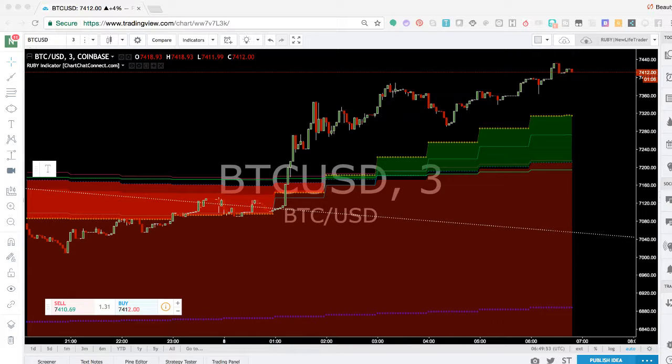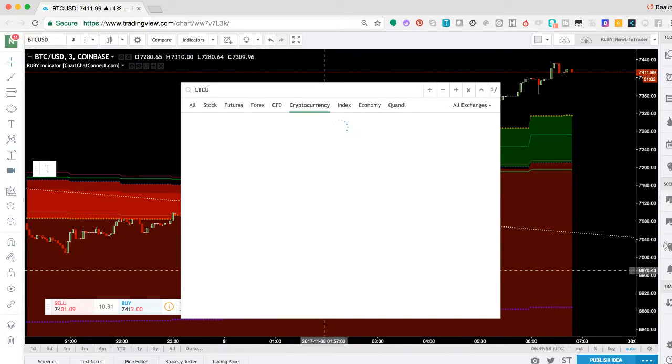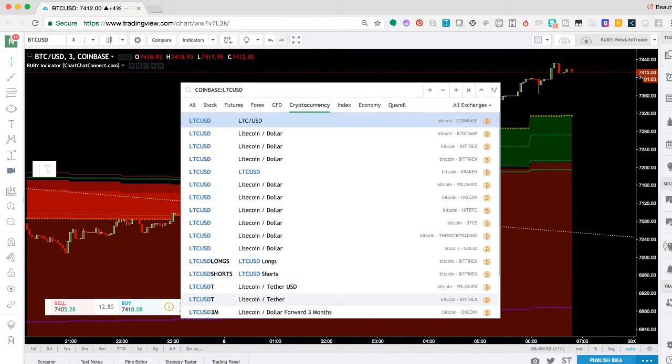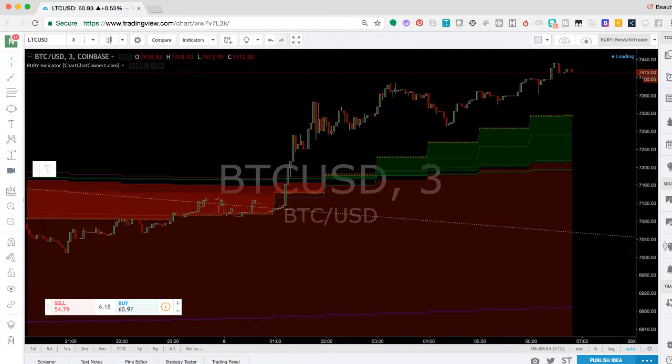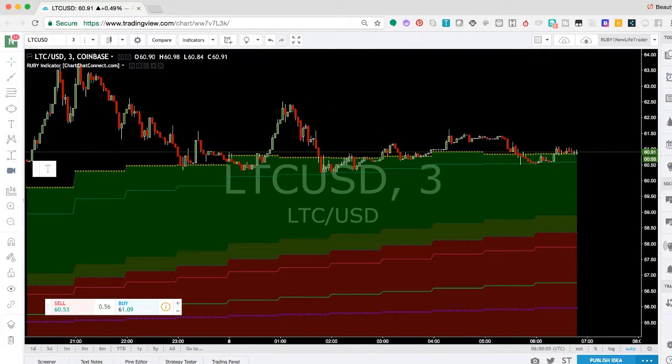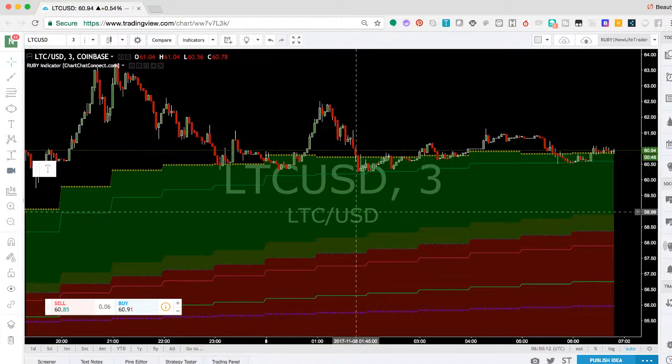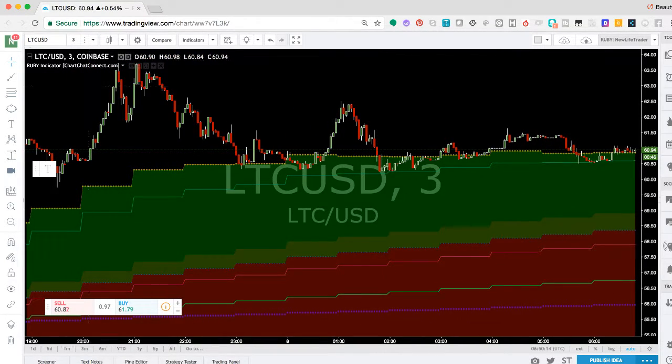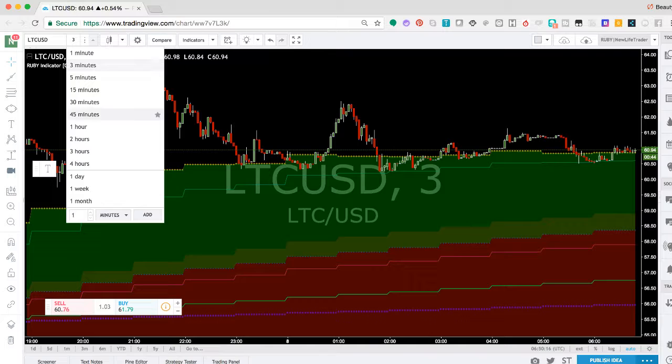So let me bring this down, and we'll go to the LTC USD Coinbase pair right here, and we'll see what it's doing on the 3-minute. So just a little bit. And take it out to the hour.